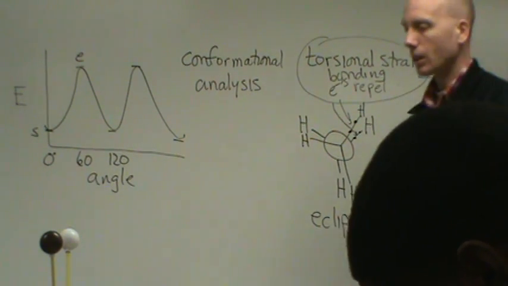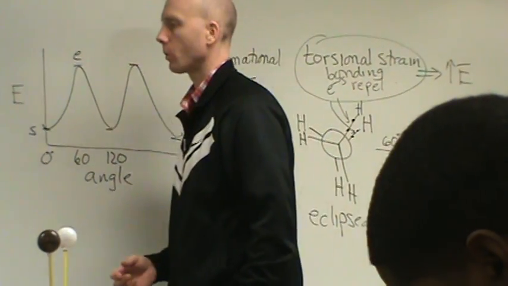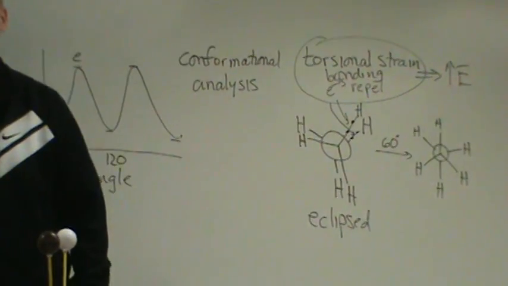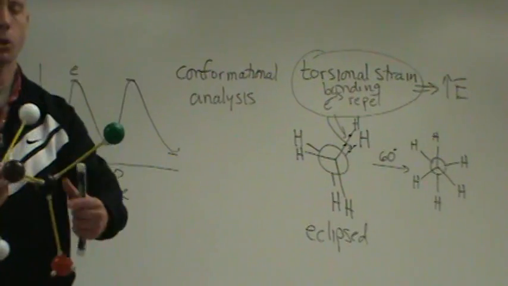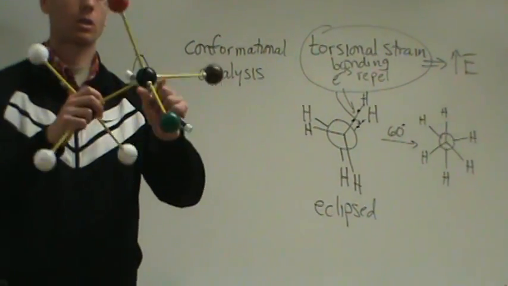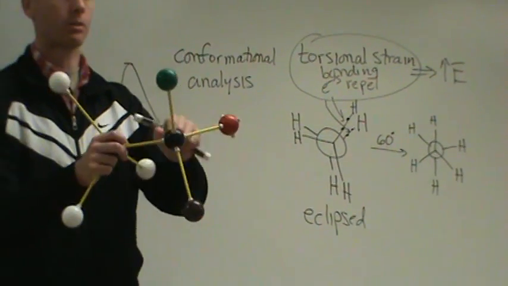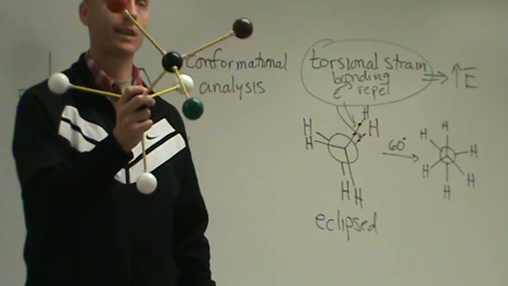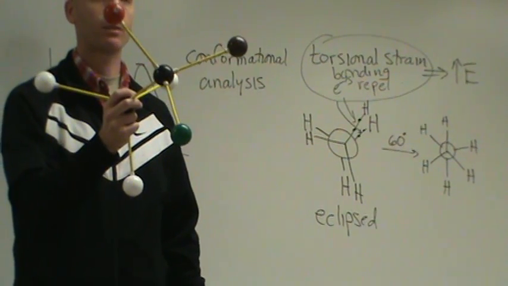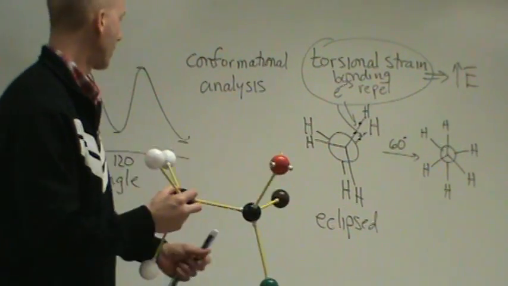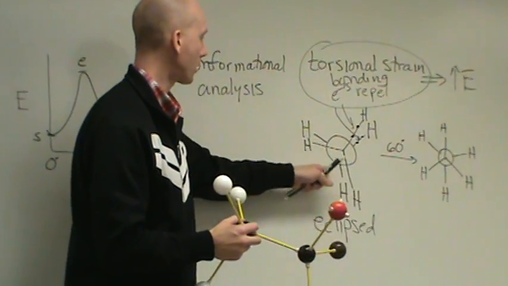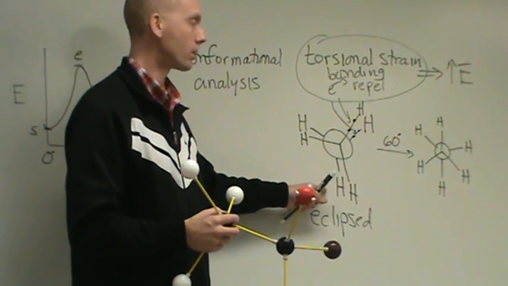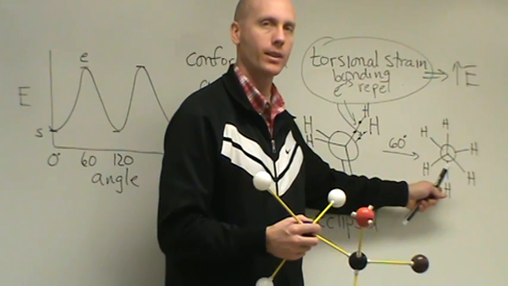Okay, so that's for the simple molecule ethane. When we're simply rotating this bond every 60 degrees, it costs us energy. And that's why this is one conformational isomer, and this is another.